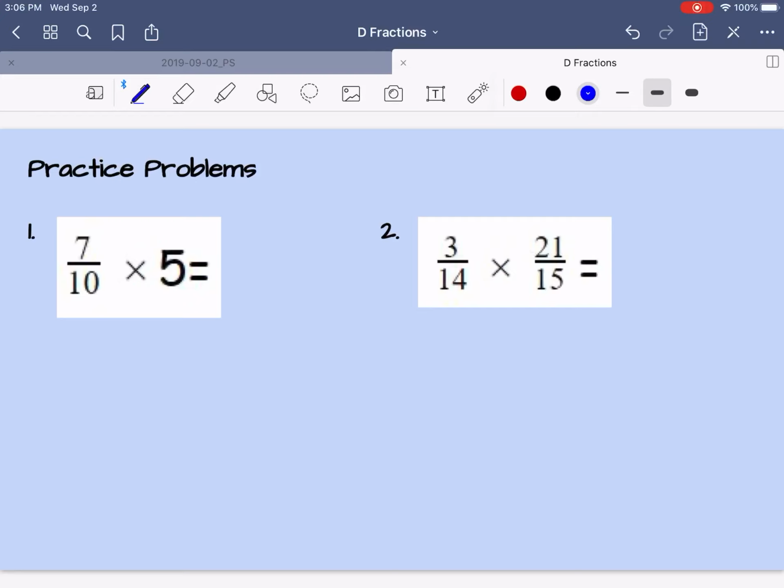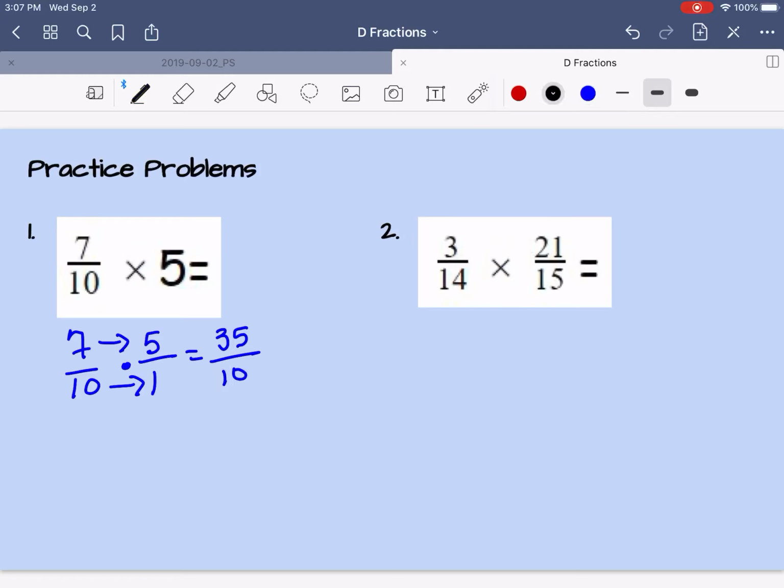Well, 5, any whole number, don't forget, we can rewrite it as a fraction by putting a 1 underneath it. And now we have a fraction with numerator times numerator and denominator times denominator. 7 times 5 is 35. 10 times 1 is 10.